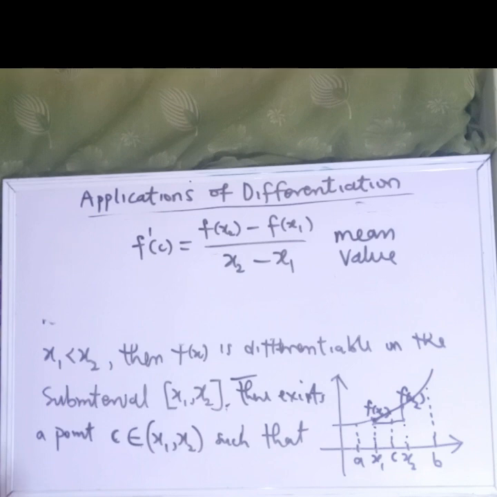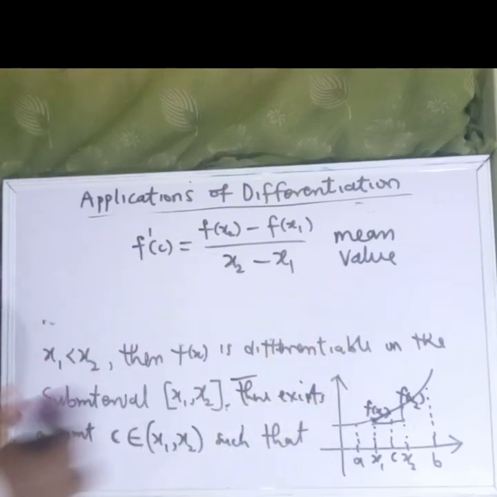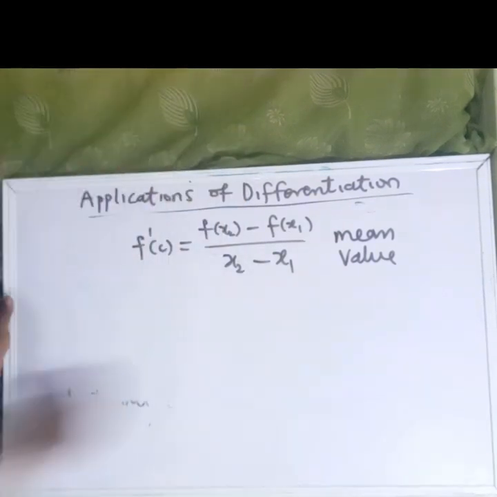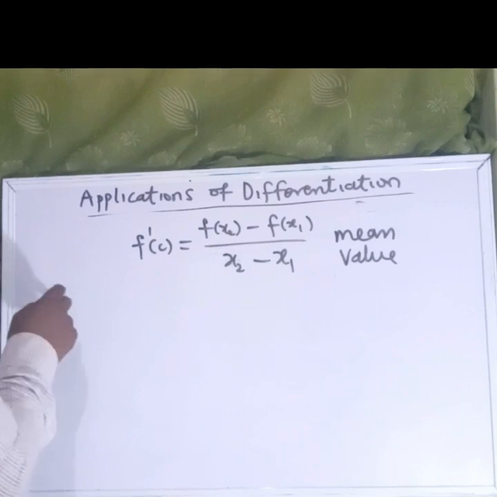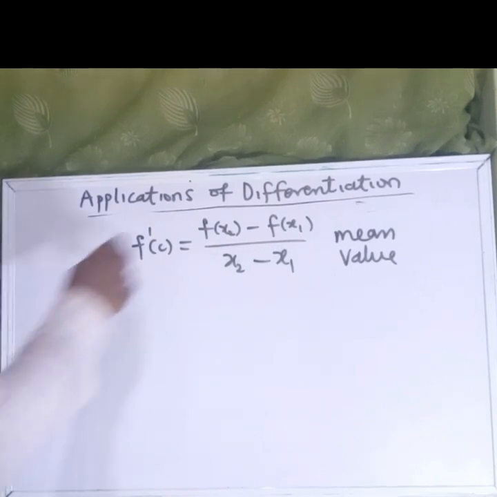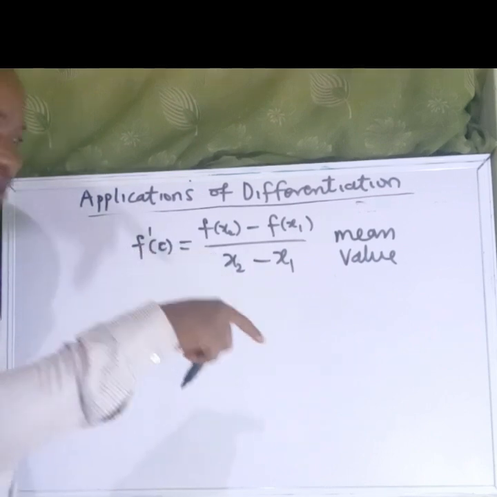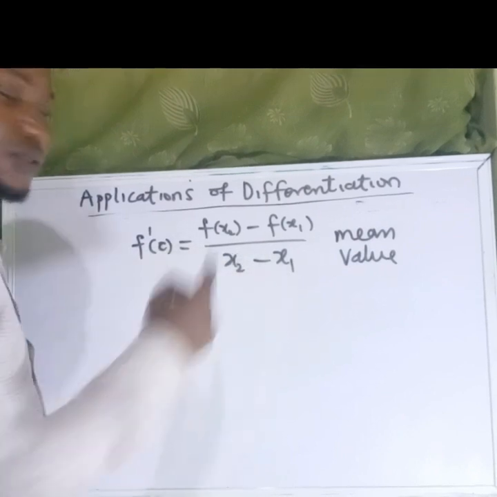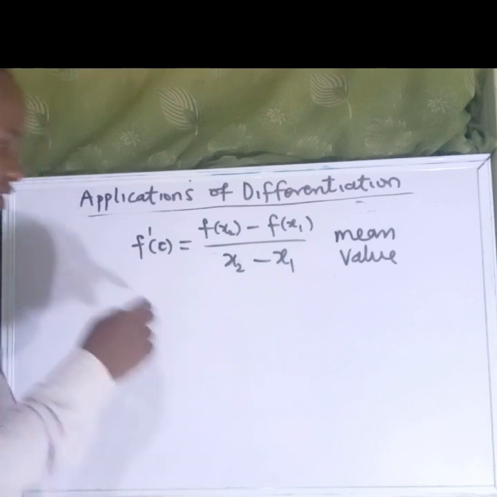So what do we need this for? Let's bring this graph in a more magnified form in order to explain some of the notions we have made. So this C is a point also in the interval x1 to x2, but it can also be changed to any point.